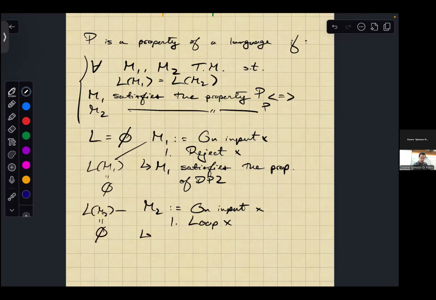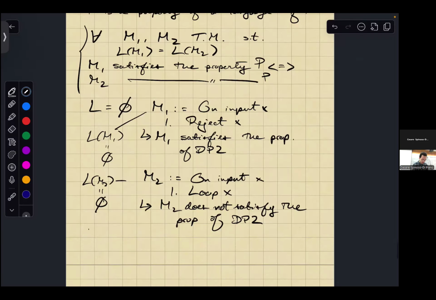But in this case, M2 does not satisfy the property, because the property was that you halt on every input. So M2 does not satisfy the property of decision problem 2.